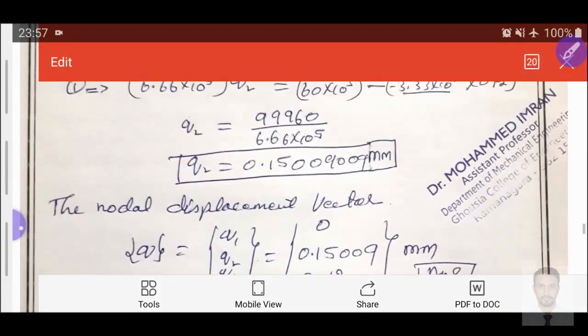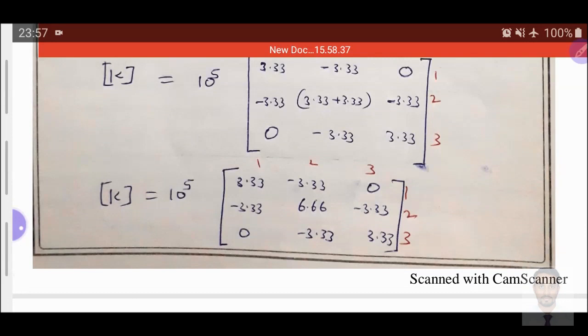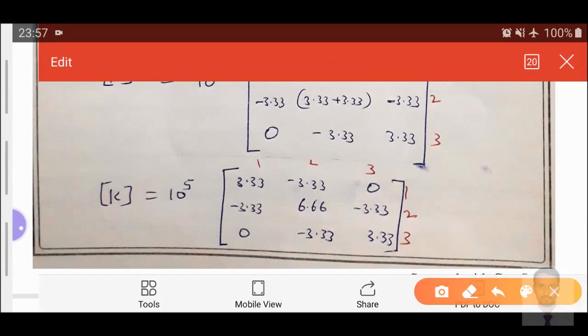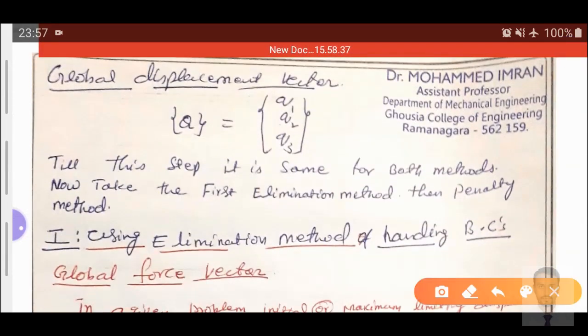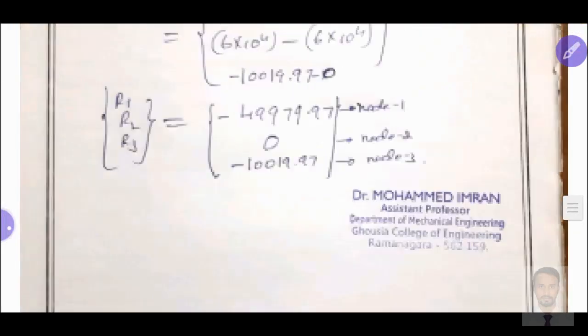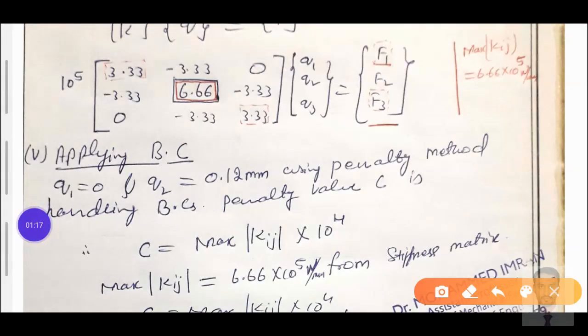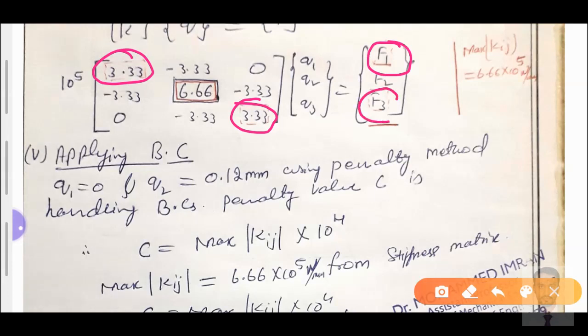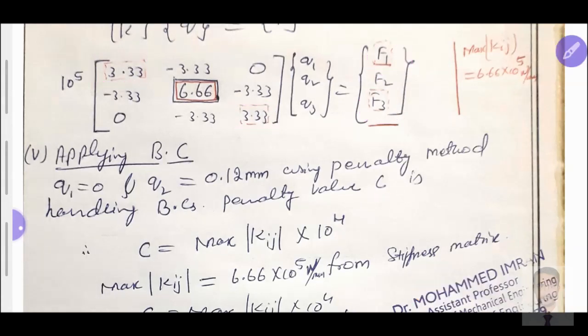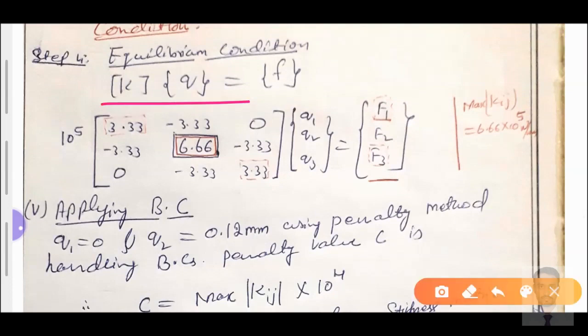As we have derived here, the equilibrium equation remains the same: K matrix, Q matrix, and the force vector F. We are adding to the K11 value and K33 value, F1, F3. On this marked portion we'll apply the penalty value C. So after the fourth step, we get the equilibrium equation K into Q equals F matrix.